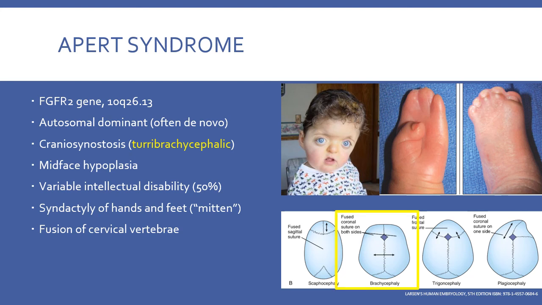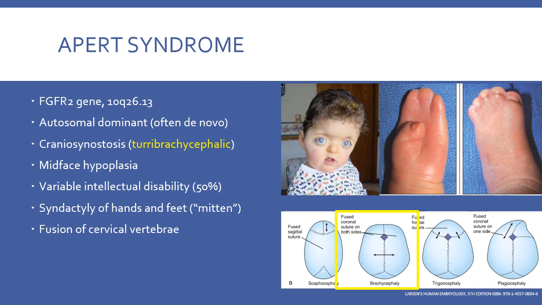At any rate, so the craniosynostosis affects the coronal sutures, and that's what's shown in this picture here. So the coronal sutures, when you're looking at these skull pictures, the front is at the top and the back is at the bottom. So this would be a suture that would sort of run along the top of your head down to your ears, more or less. And so that's fused where it shouldn't be, and it produces this turri-brachycephalic head shape.